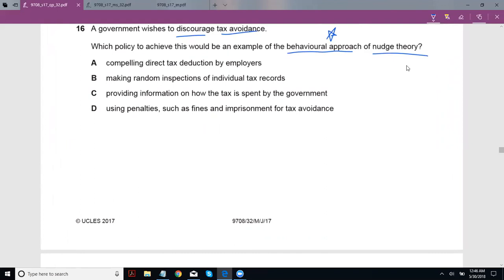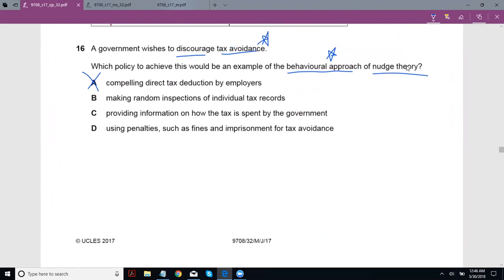Well, if you're asking employers to deduct, and discouraging tax avoidance... if you decrease tax, normally, as we see by the Laffer curve, that does discourage tax avoidance. I'm not too sure if it's an example of nudge theory. I don't see how you're using a behavioral approach here. So let's keep A on hold for now.